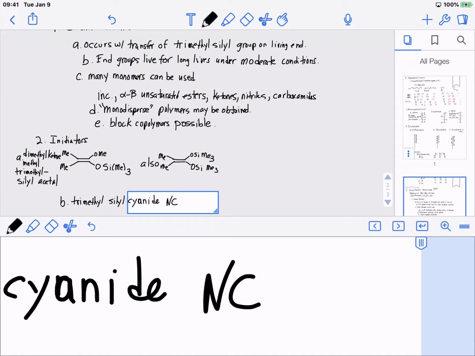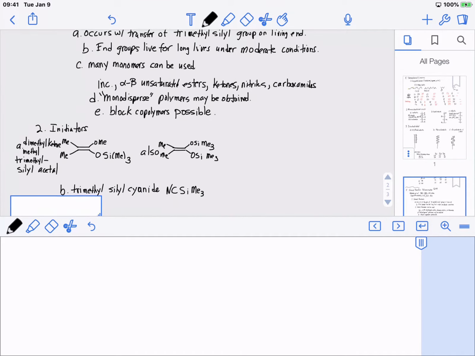I want to do it this way, right? I think it's this way. I don't think it's with the C reversed. I had it backwards in my notes, but I think that's right. Okay, next one.